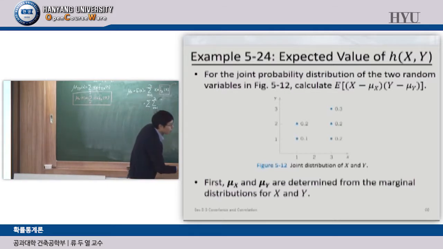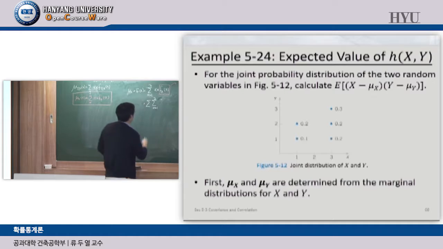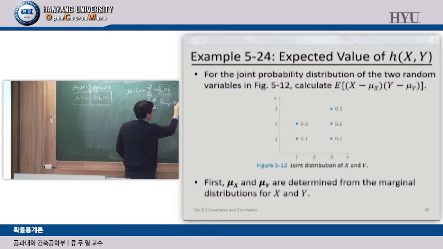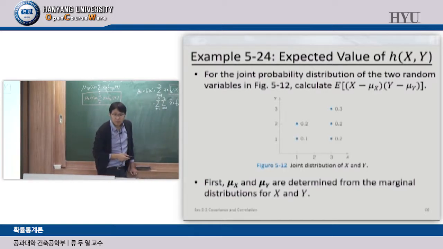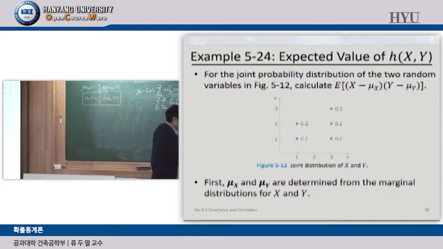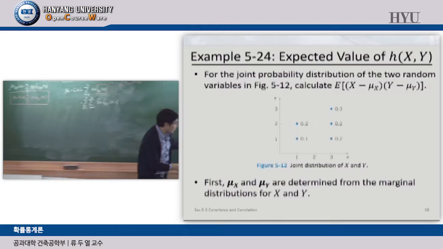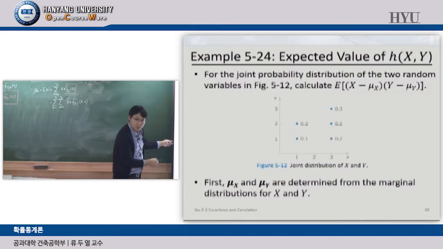Y is also from 1 to 3, of x by the joint probability mass function f x, x comma y. And the joint probability mass function is already given based on this figure. This is the joint distribution of x and y.